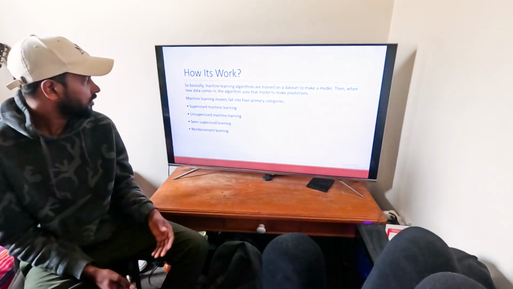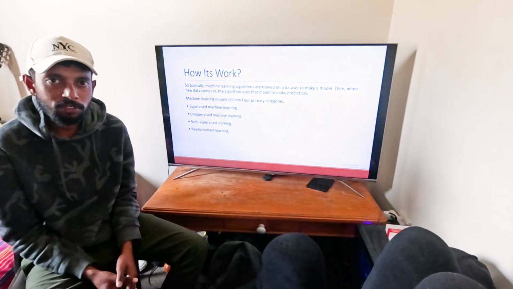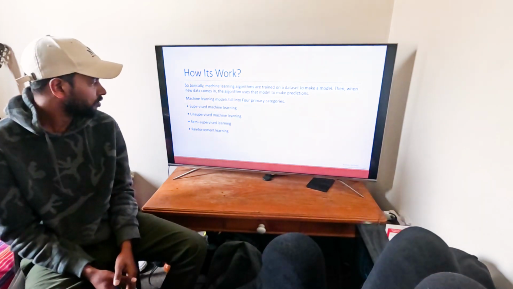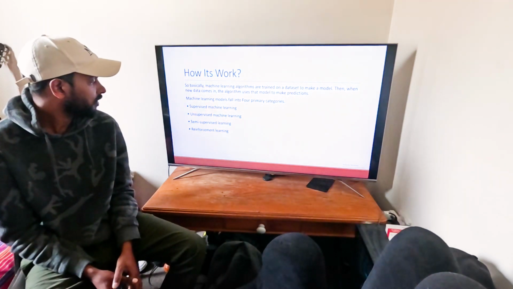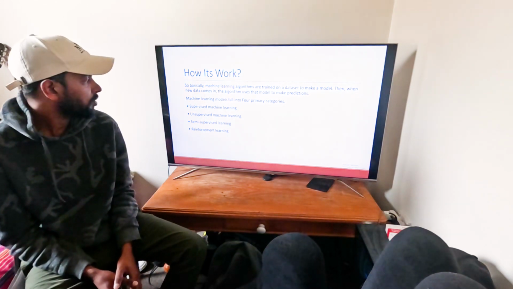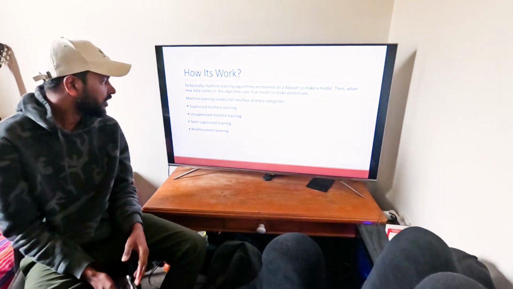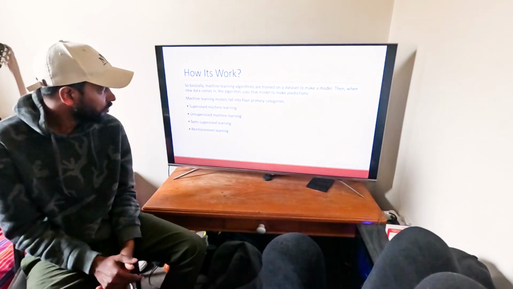The first is supervised machine learning, the second is unsupervised machine learning, the third is semi-supervised learning, and the final is reinforcement learning. In the next slide, I will demonstrate each of these.